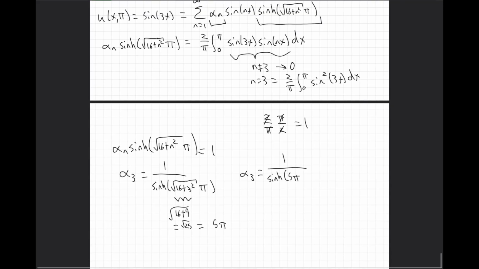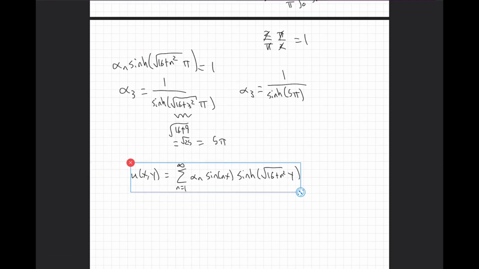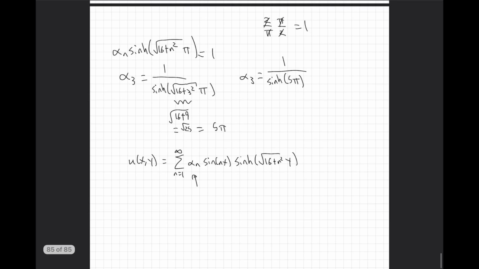Now returning to our solution right here, because alpha_n is only non-zero when n equals 3, this sum truncates to alpha_3 times sine of 3x times sinh of root 16 plus 3 squared y.